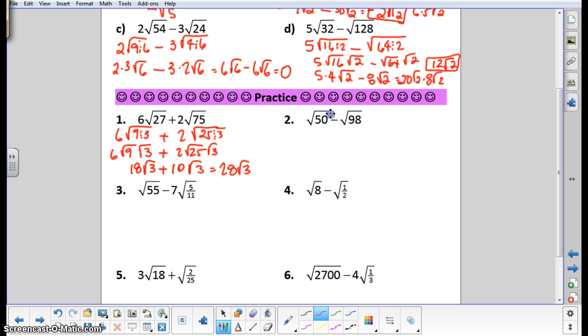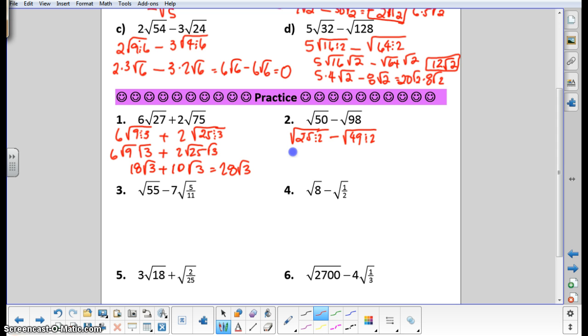I bet that you recognize this one as square root of 25 times 2. You may not recognize this one to begin with, but if we divide 98 by 2, we get a 49, and that is indeed a perfect square.